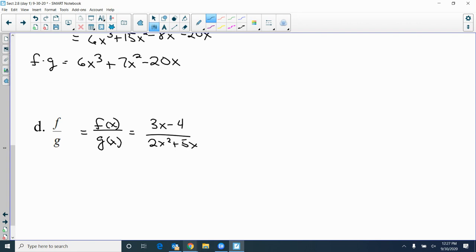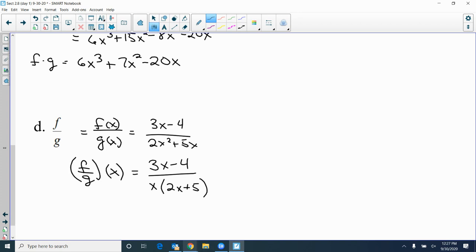Like I said, don't worry about factoring before, but when we have a division problem, yes, you do want to factor to see if something will cancel, and also to see how our domain will be affected. Nothing much happens in the numerator, but the denominator does factor. It has a GCF of x. You can factor out the x, and then it's times 2x plus 5. That is your f divided by g of x.